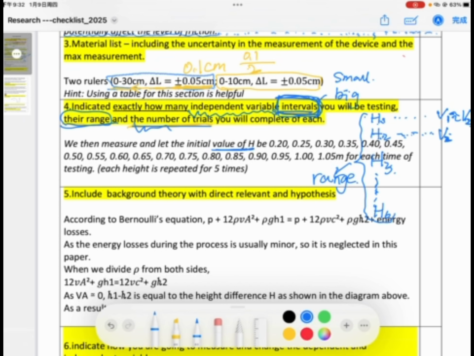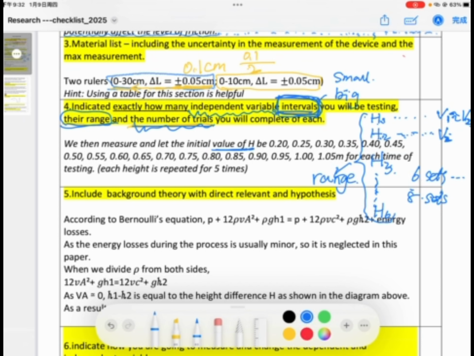Even the number of trials, how many sets of data you are going to take. Are you going to take 6 sets? Are you going to take 8 sets? Is 6 sets enough for you to get reliable conclusions, and so on?